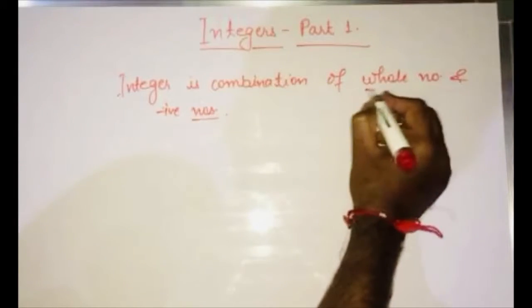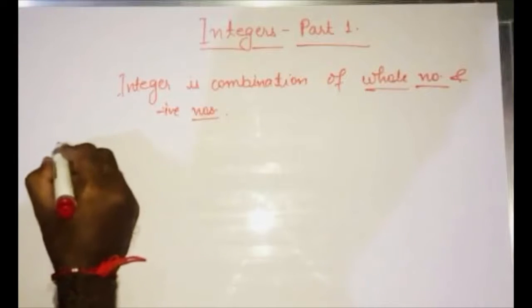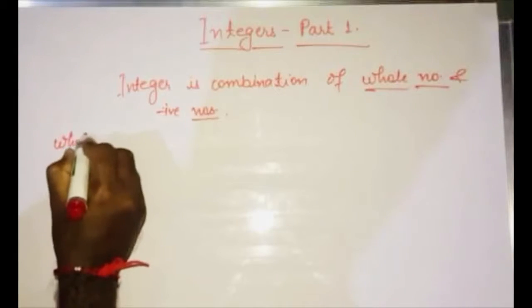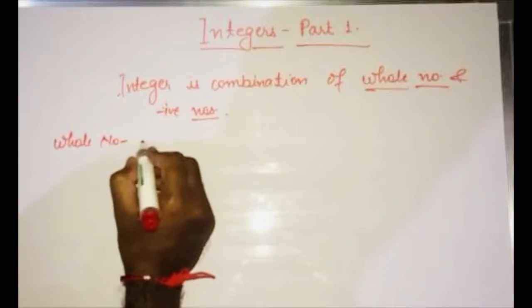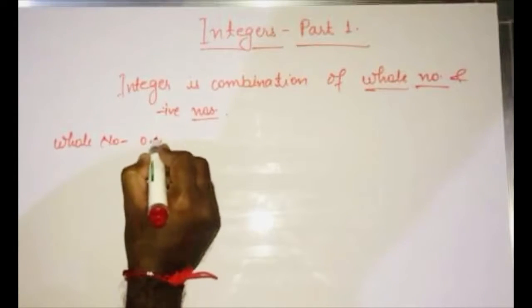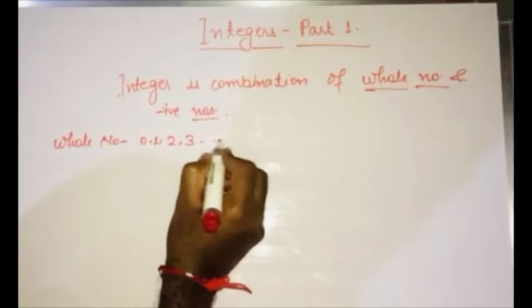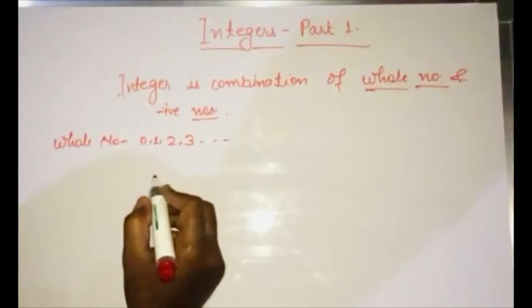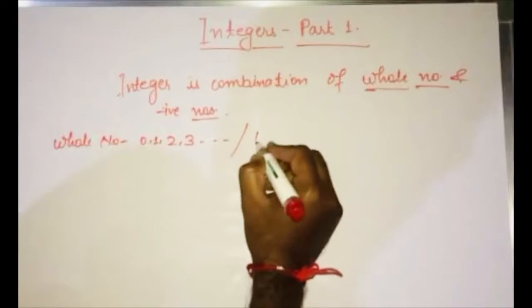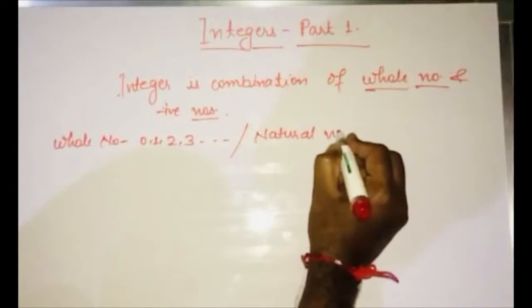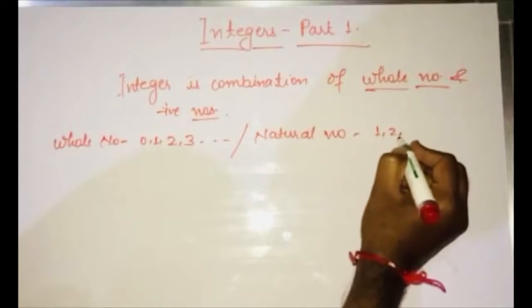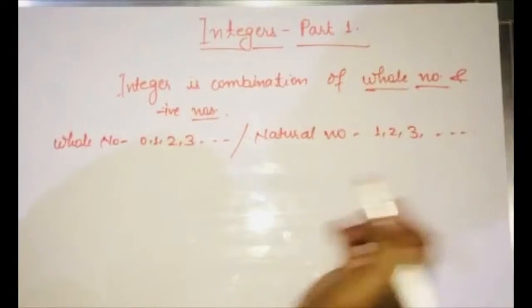So, what is a whole number? Just to recollect from your previous classes, whole numbers start with 0, 1, 2, 3 and so on. There is another type of number that you have studied in previous classes, that is natural numbers. Natural numbers start with 1, 2, 3 and so on.